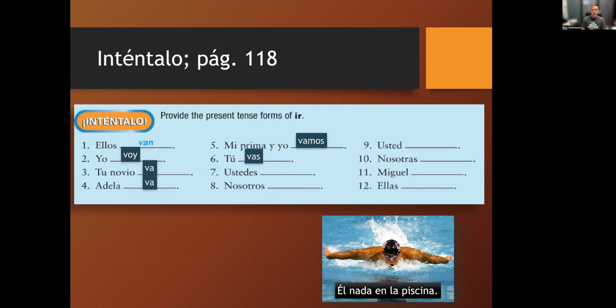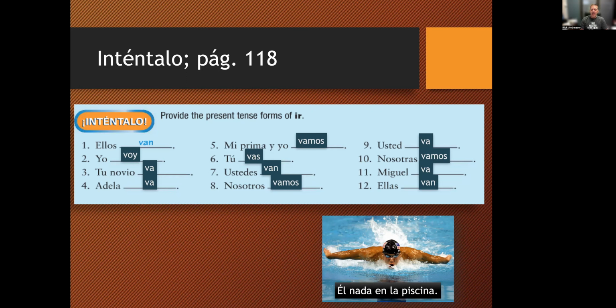Número 7. Ustedes van. Número 8. Nosotros vamos. Número 9. Usted va. 10. Nosotras vamos. Número 11. Miguel, that's an él, right? He va. Y número 12. Ellas van.